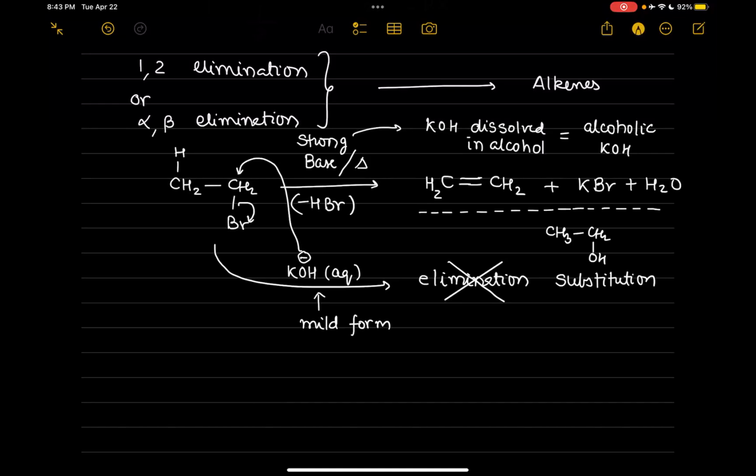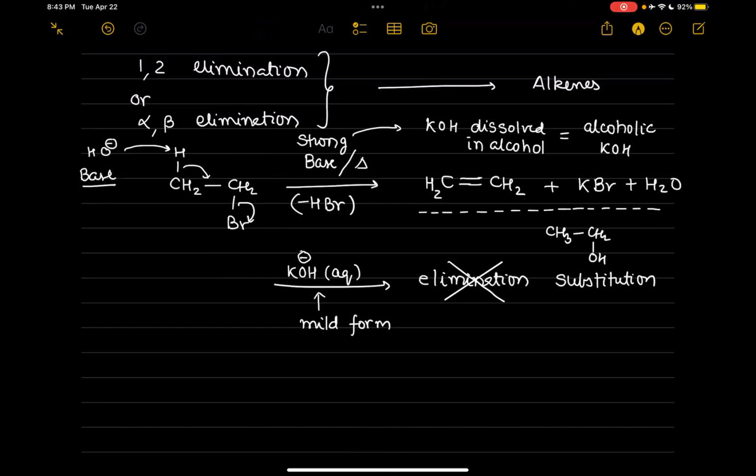And now how can elimination happen? Elimination can happen if the same base, instead of attacking carbon, breaks away the hydrogen. These electrons form a double bond and the Br comes out. So the OH minus, I will write it separately. In the above case, it is acting as a base. It is breaking apart the H, forming a double bond.